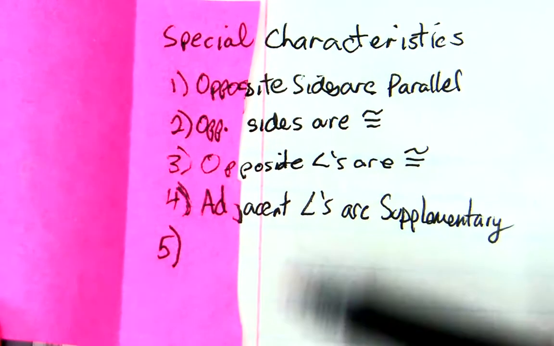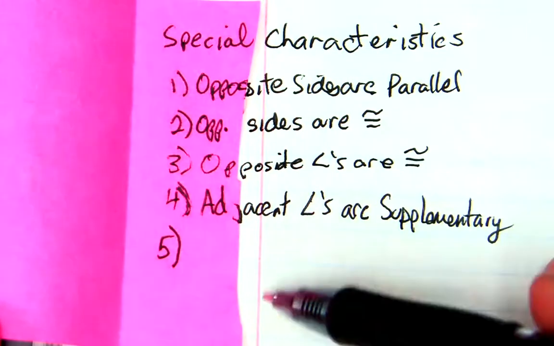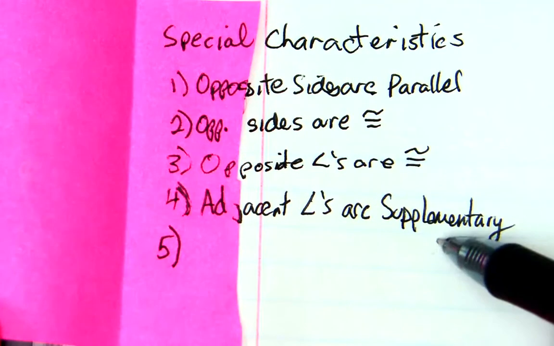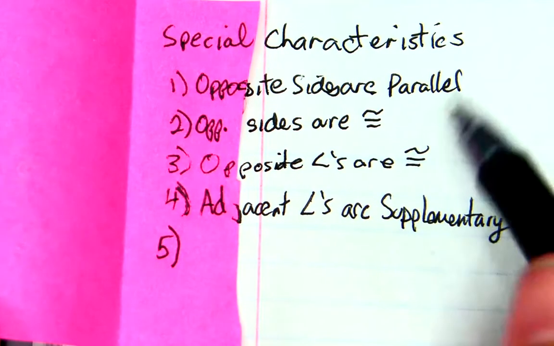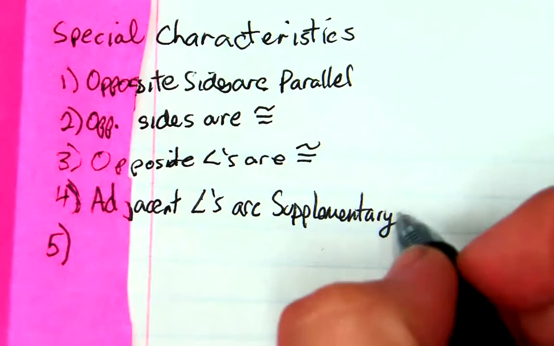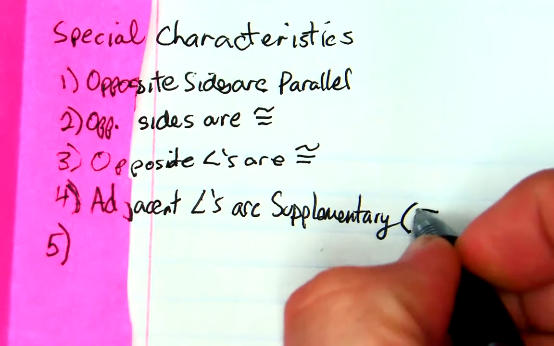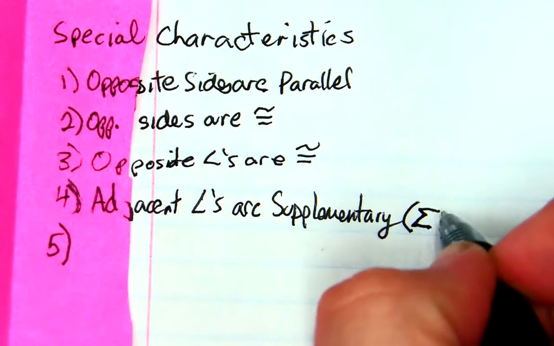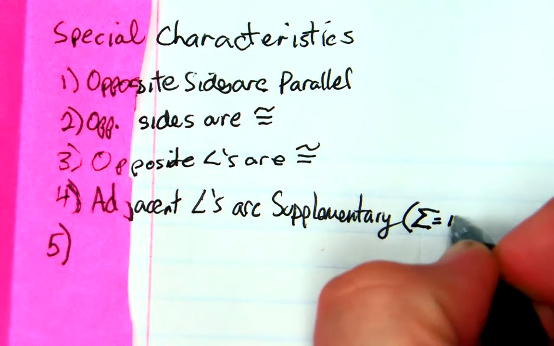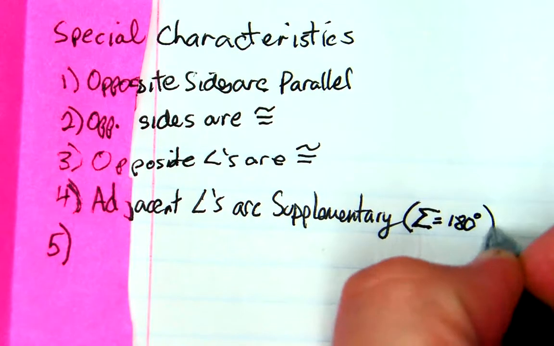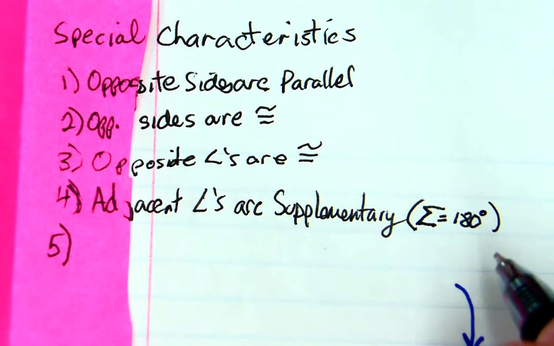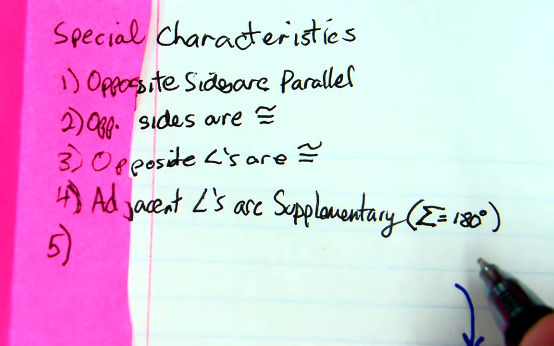Adjacent angles, any 2 angles right next door to each other, are supplementary. Now what does it mean to be supplementary? Add up to 180. The sum, I'll put the sum as sigma, remember that, is equal to 180. So 180 degrees, not 180, 180 degrees.